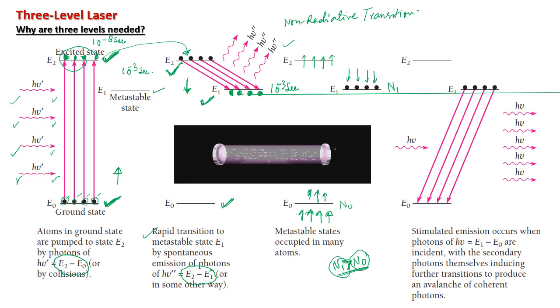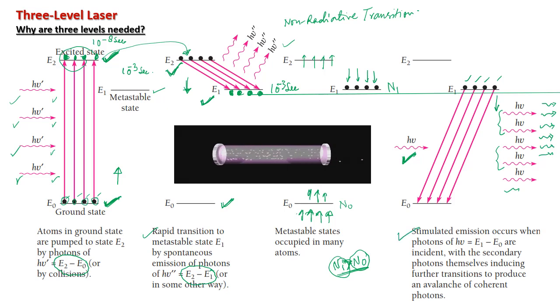We stimulate with some photon these atoms to come down, and for one stimulation there will be two photons, and then these two photons will stimulate another two, and so on. We have a large number of photons in the final state.